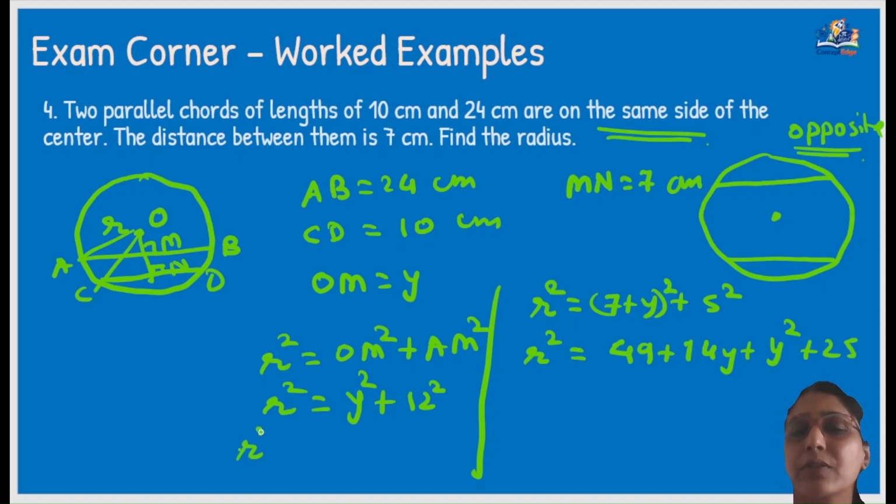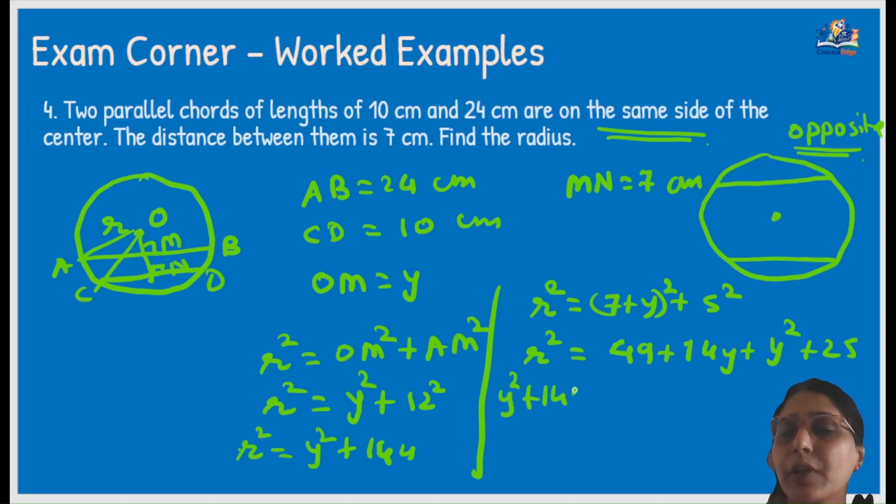So I have r squared equals y squared plus 144. Both are r squared values, so I can put it over here. y squared plus 144 equals 74 plus 14y plus y squared. y squared will get cancelled out. And when I simplify, I'll get 14y equals 70 and y equals 5.